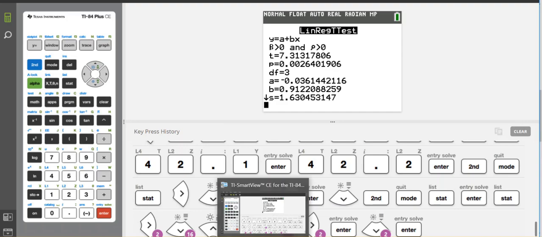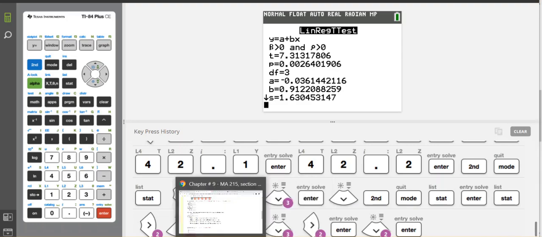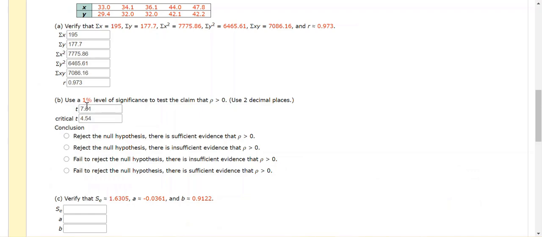So what I'm asking is whether 0.0026 is less than or bigger than 0.01 alpha. 0.0026 would be less than 0.01 alpha.